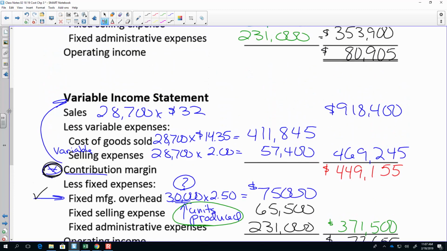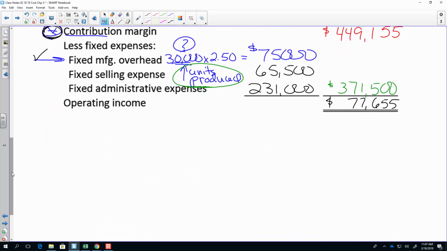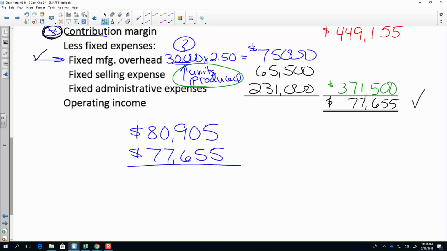Now I started this conversation with phantom profits. Please take the difference between the absorption profit of 80,905, and 77,655. What do you get? 3,250.